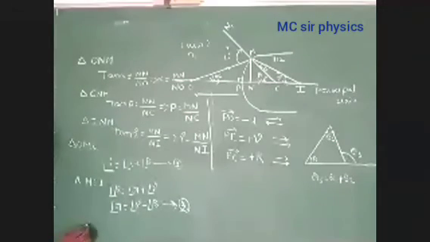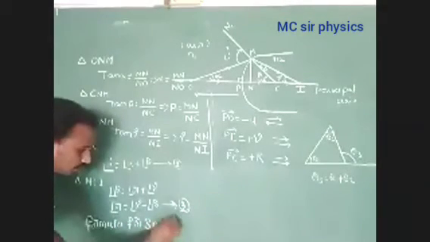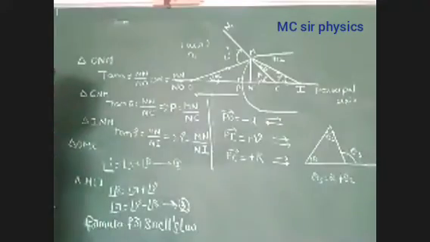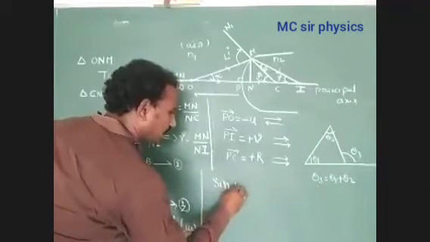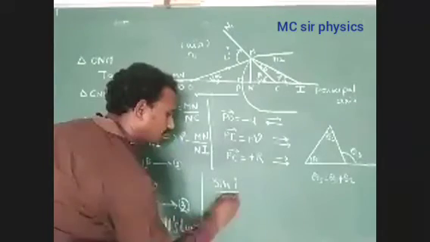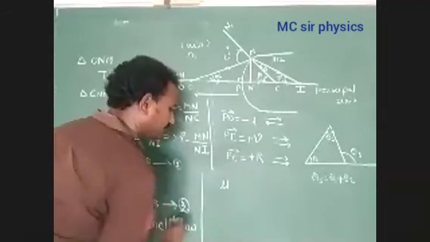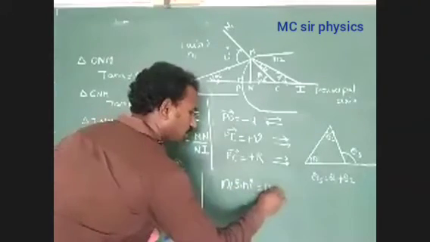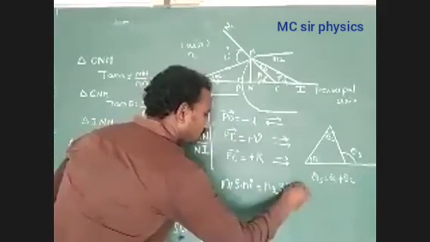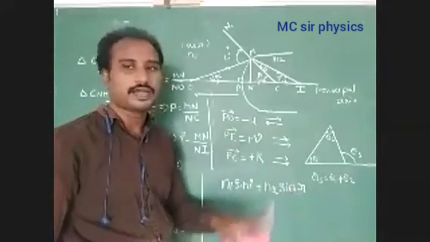Now we write the formula for Snell's law: sin I by sin R equals n2 by n1, that is, n1 sin I equals n2 sin R. Now we consider that the angle of incidence and angle of refraction are small angles.